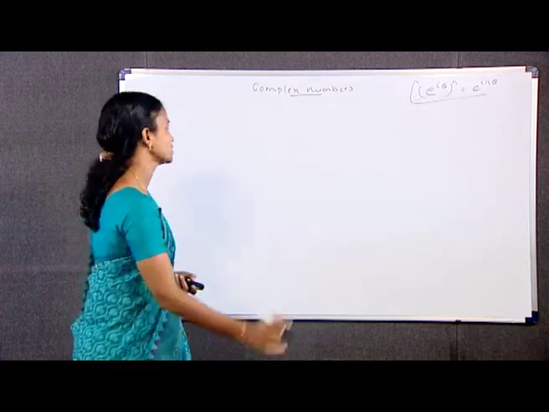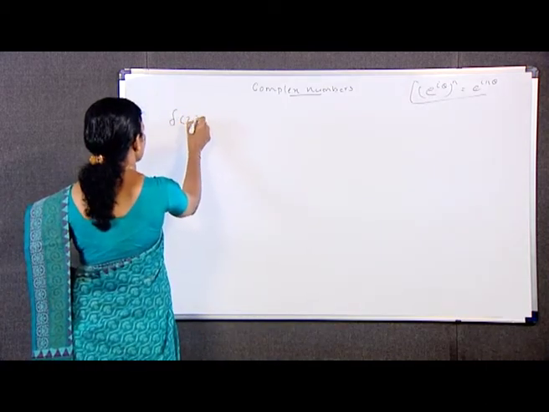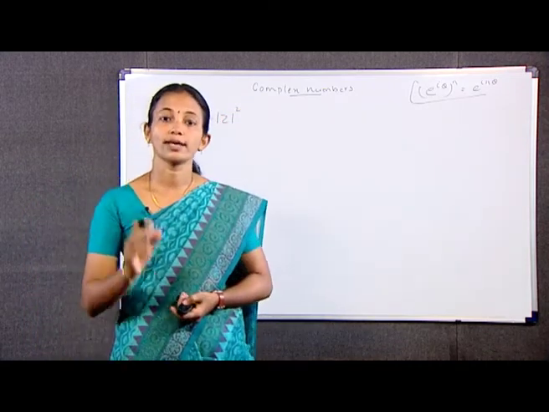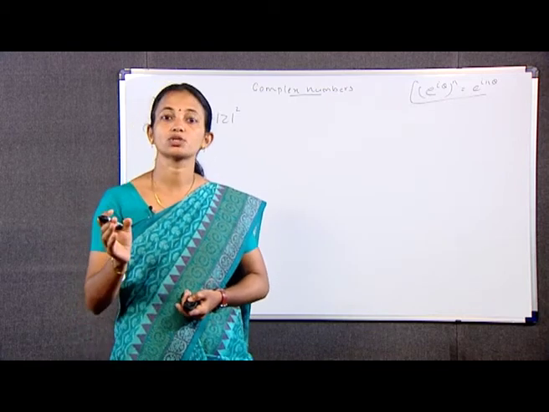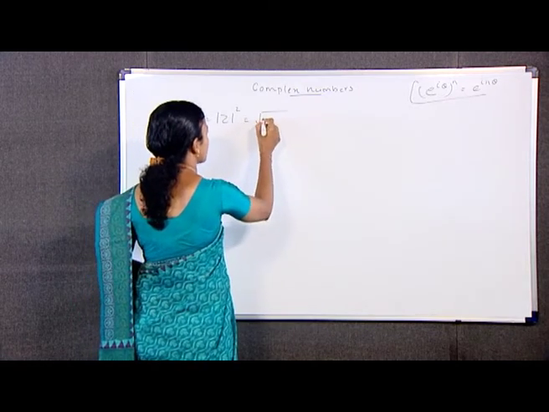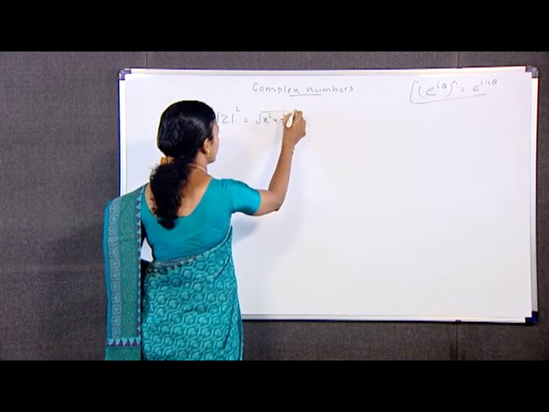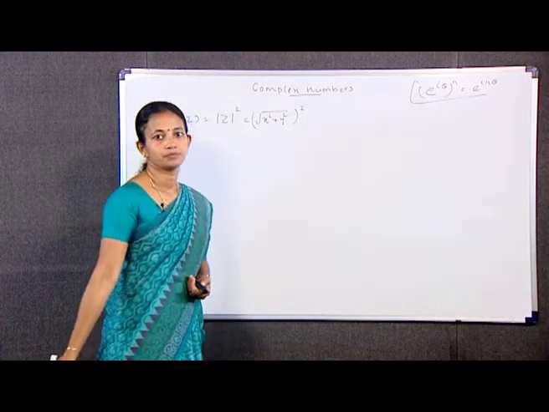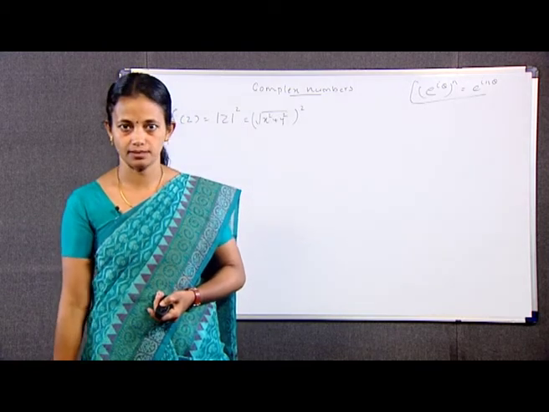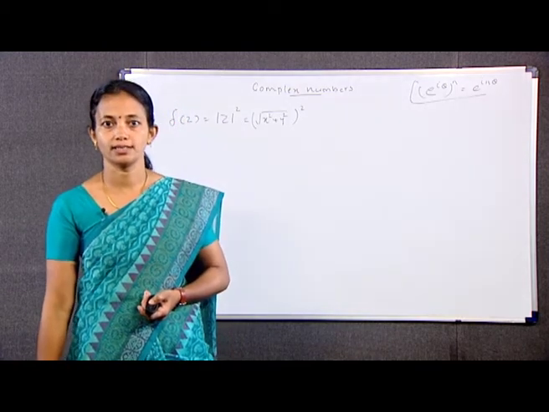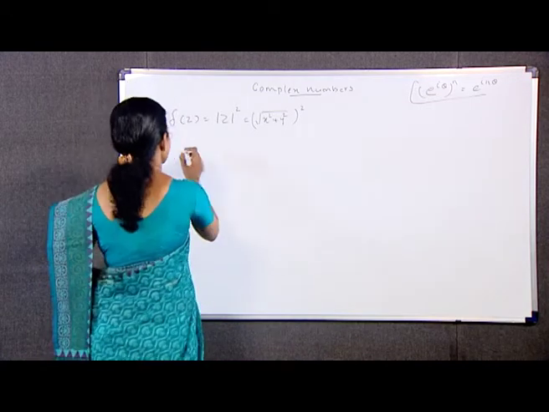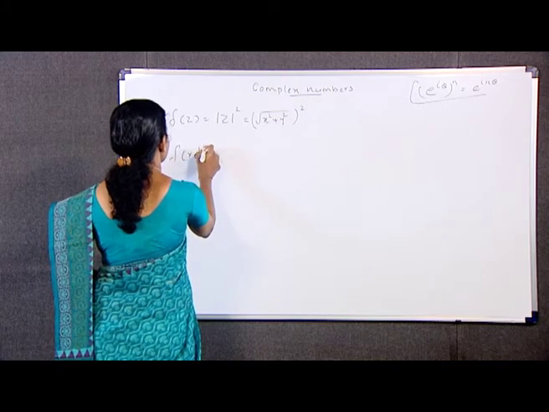f(z) is equal to mod z square, this is equal to mod of x plus iy whole square, which is equal to square root of x square plus y square whole square. Mod z square we have x square plus y square. In polar coordinates, it is f of r e raised to i theta.